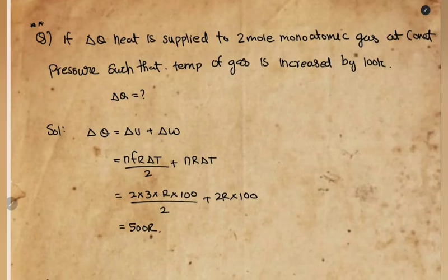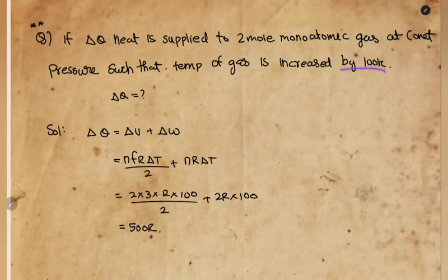So delta Q heat is supplied to 2 moles of monoatomic gas at constant pressure such that the temperature of the gas is increased by 100 Kelvin. What do you mean by "by"? When we say increased to, we say it is increased to that quantity.